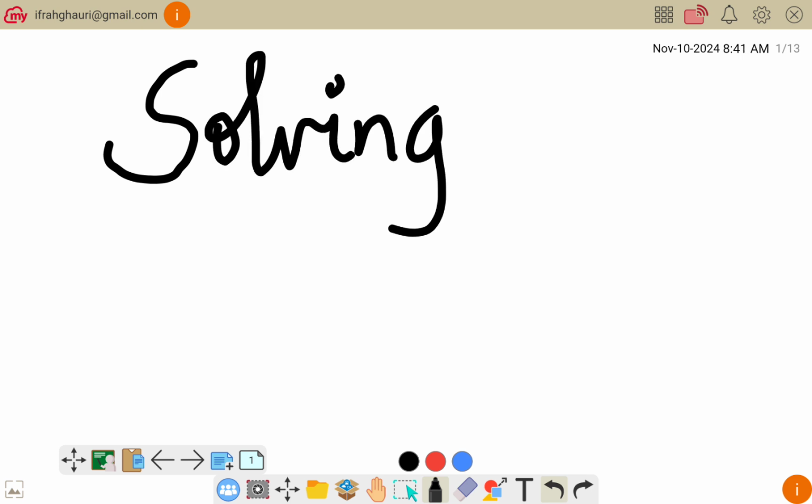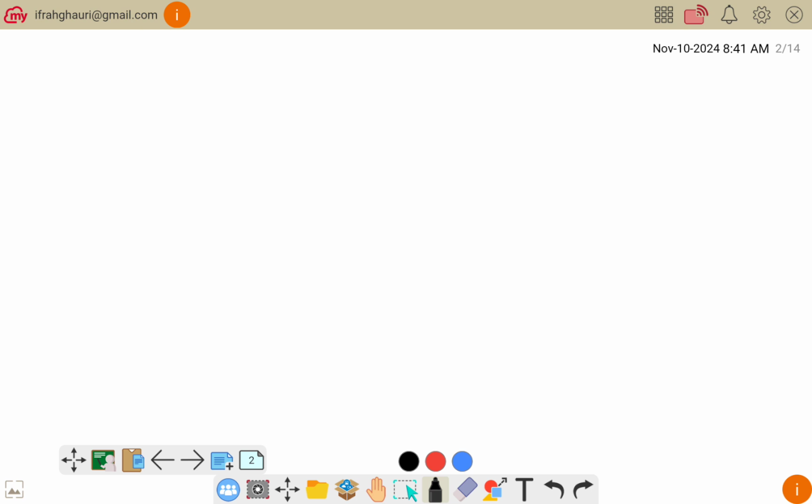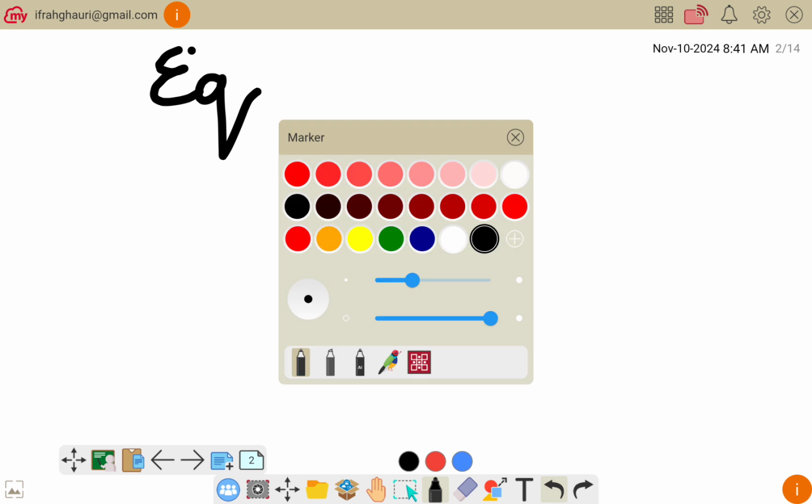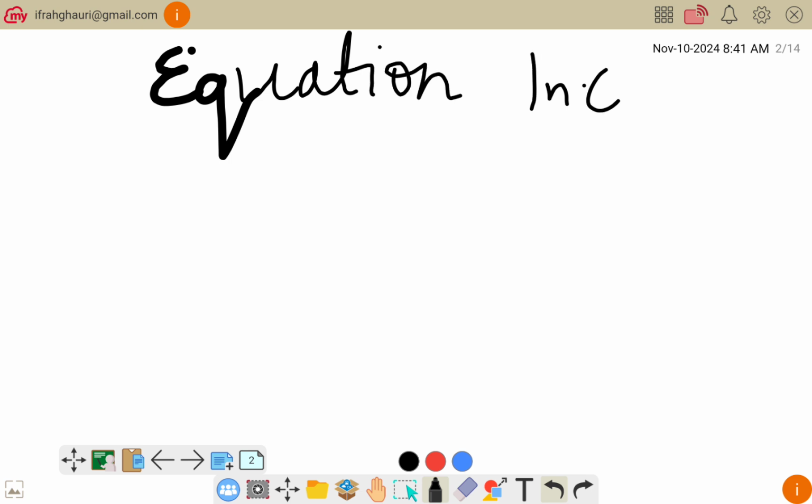Solving inequalities. Okay. For example, let's suppose this is the equation and this is the inequality.